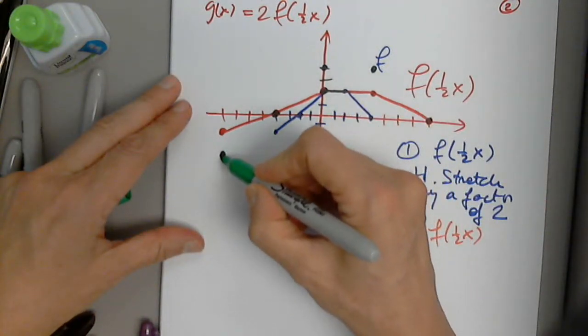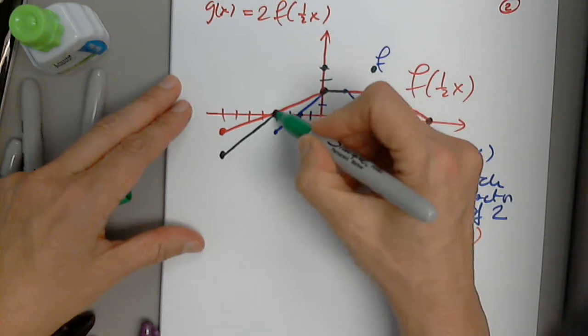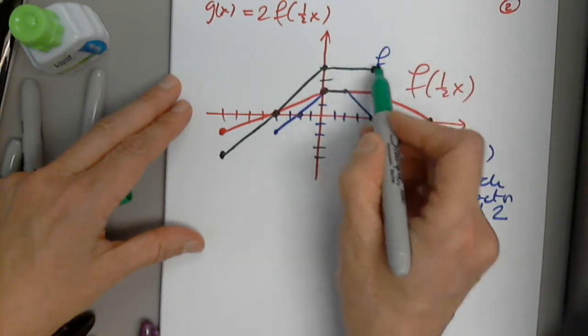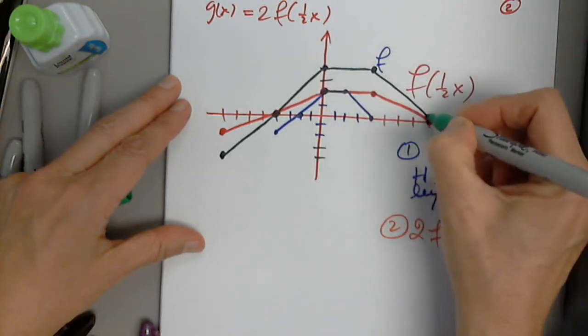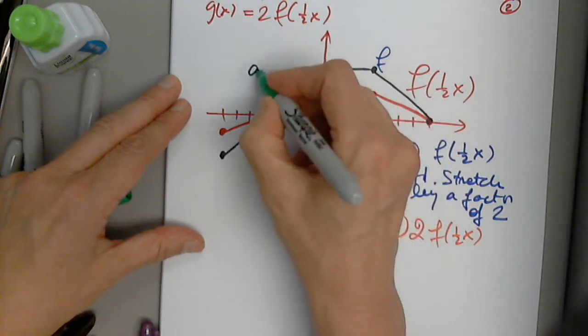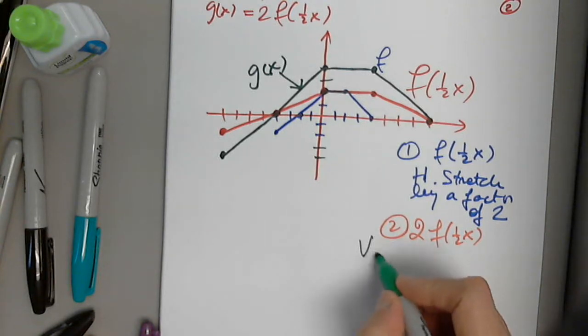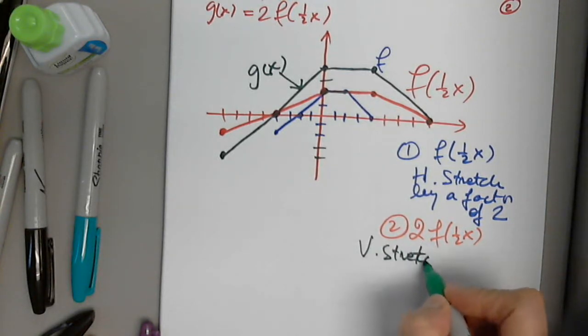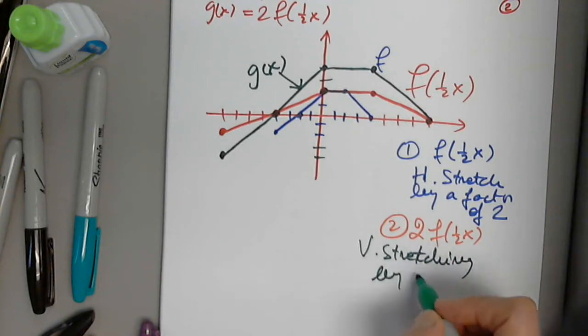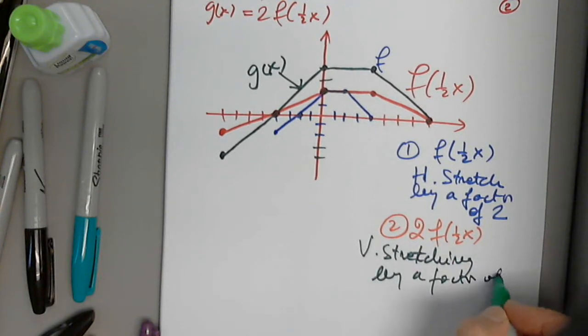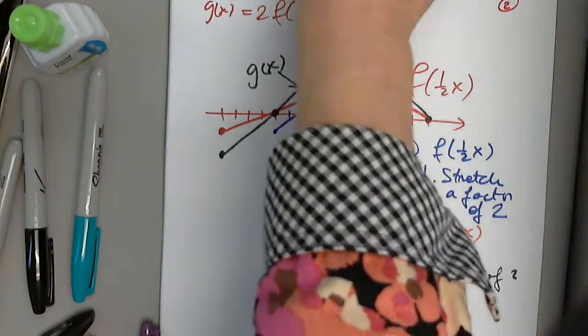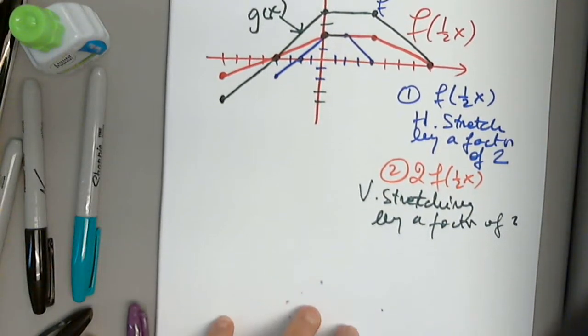So here it is. This is the final graph, g of x. So this is a vertical stretching by a factor of 2. Normal. No changes there.